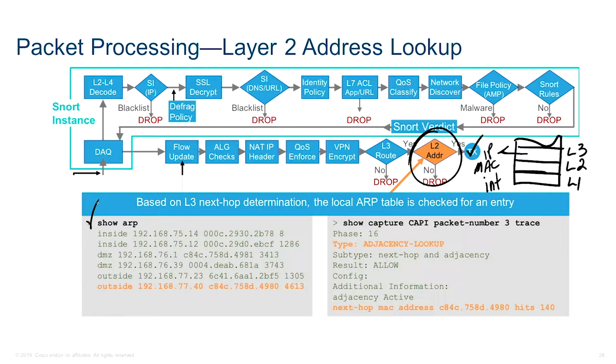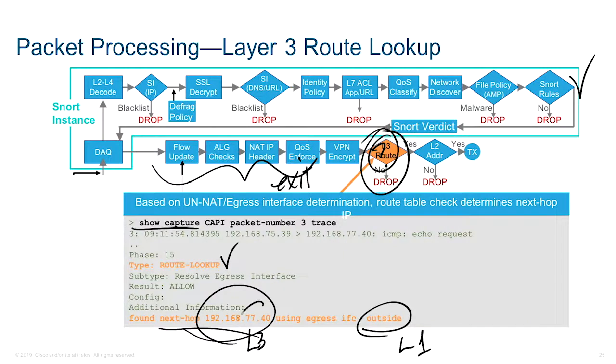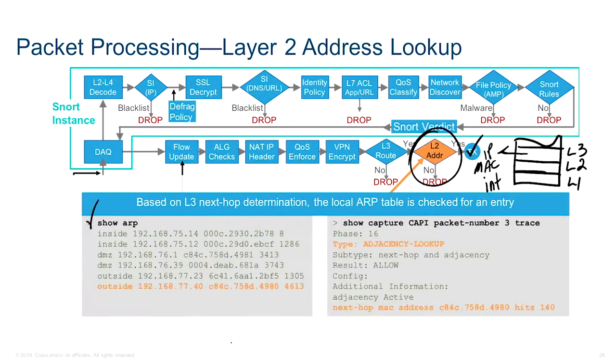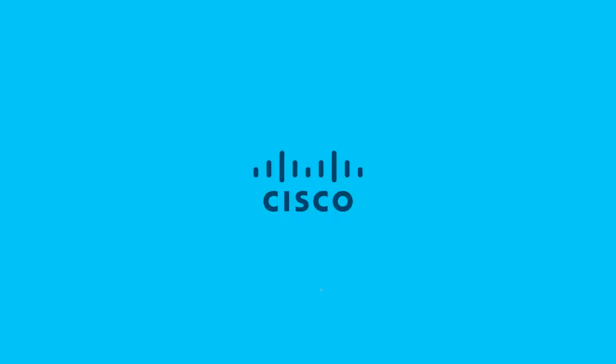So we do a show arp and we see, excuse me, let me do this one more time. You need to go to 77.40 out of the outside interface. Well, 77.40, according to our ARP table, has this particular MAC address. So with that information, you're now able to fully assemble the egress packet to be transmitted.